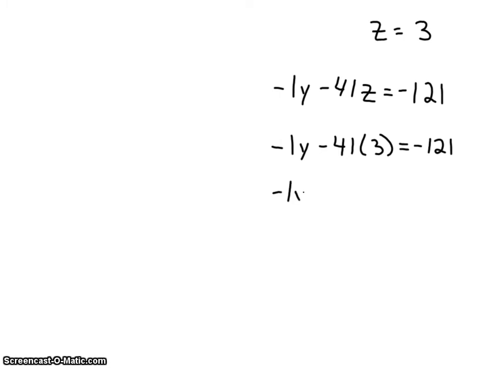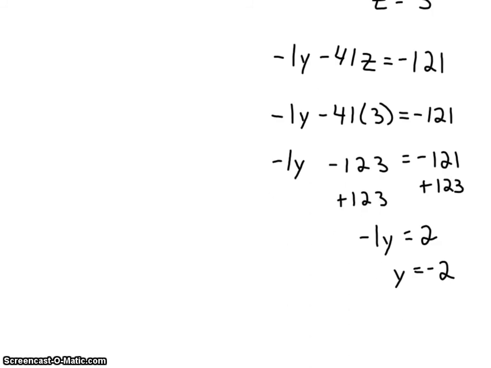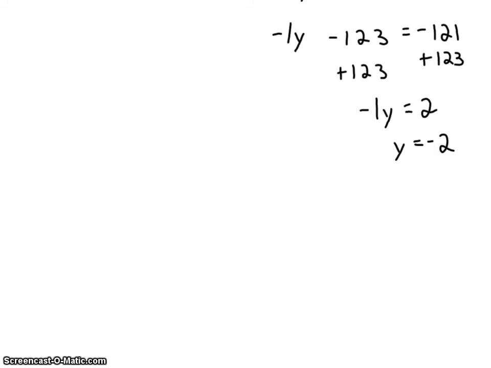Now I get negative 1y minus 123 equals negative 121. I will add 123 to both sides. I get negative 1y equals 2. Therefore, y equals negative 2 by dividing both sides by negative 1. Now I know what z and y are.